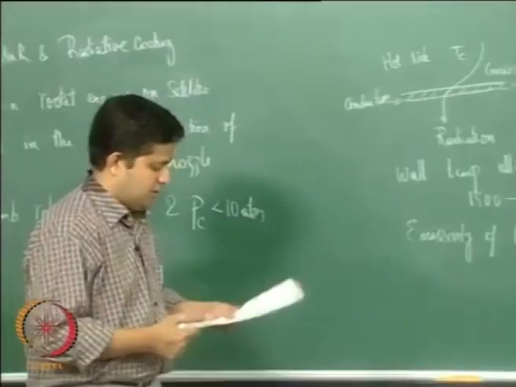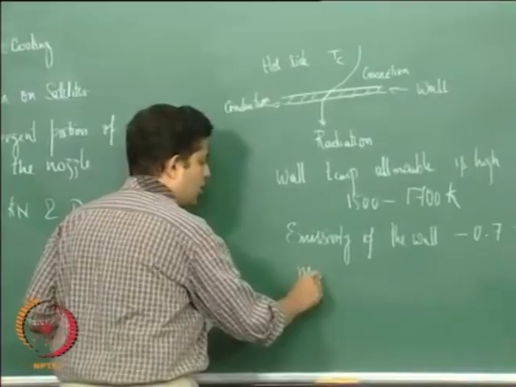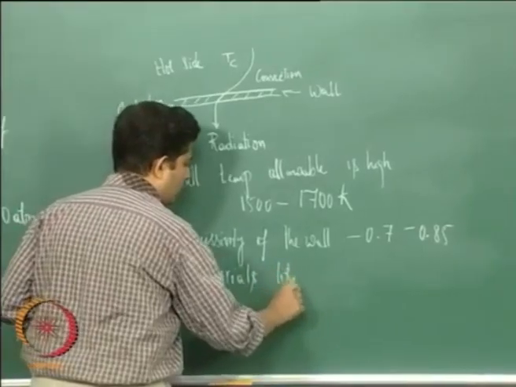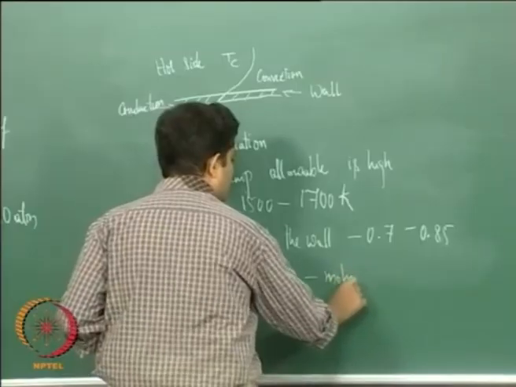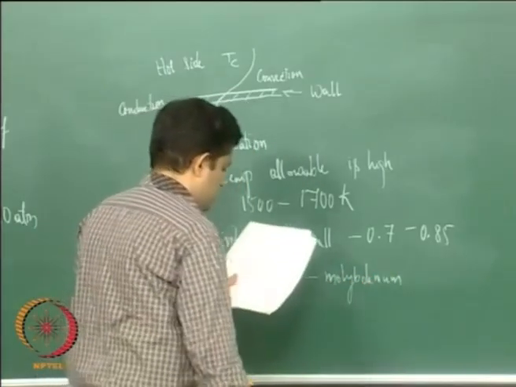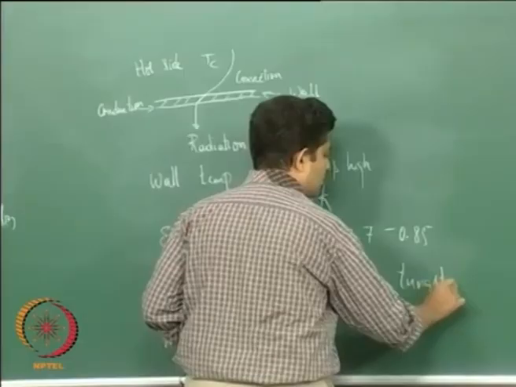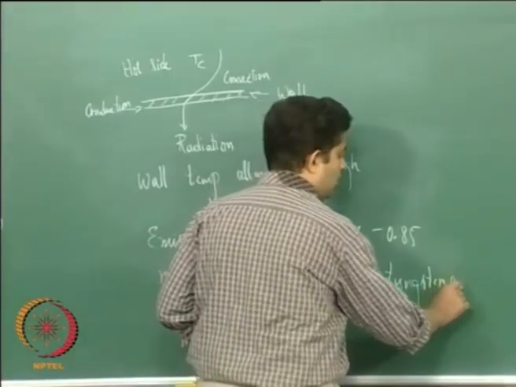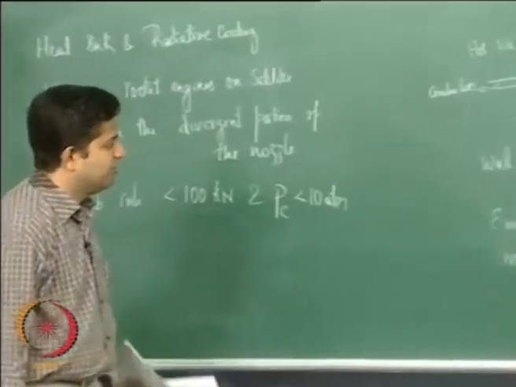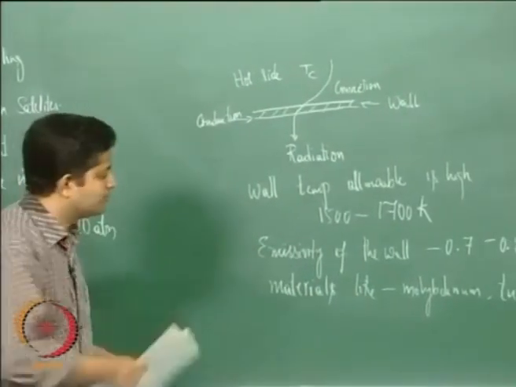In order to achieve this, special materials like molybdenum, then tungsten alloys are used. It is also given some kind of coating so as to ensure that the emissivity is higher.